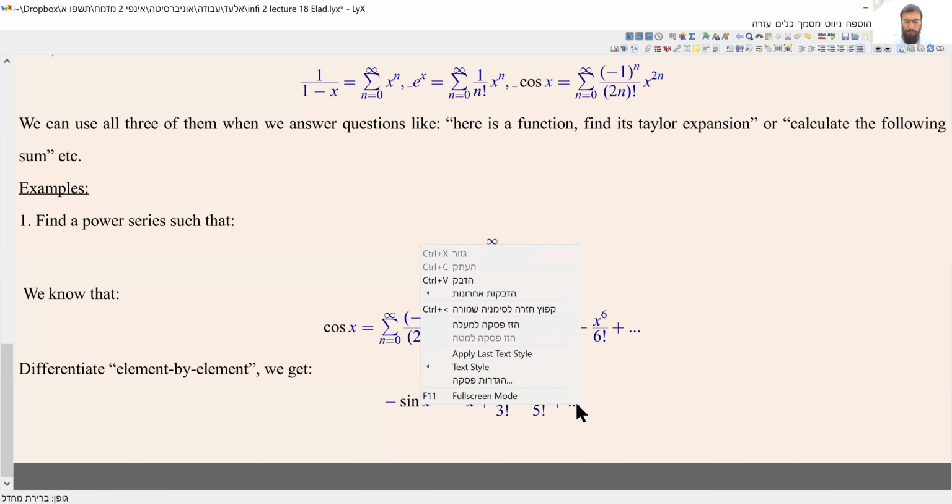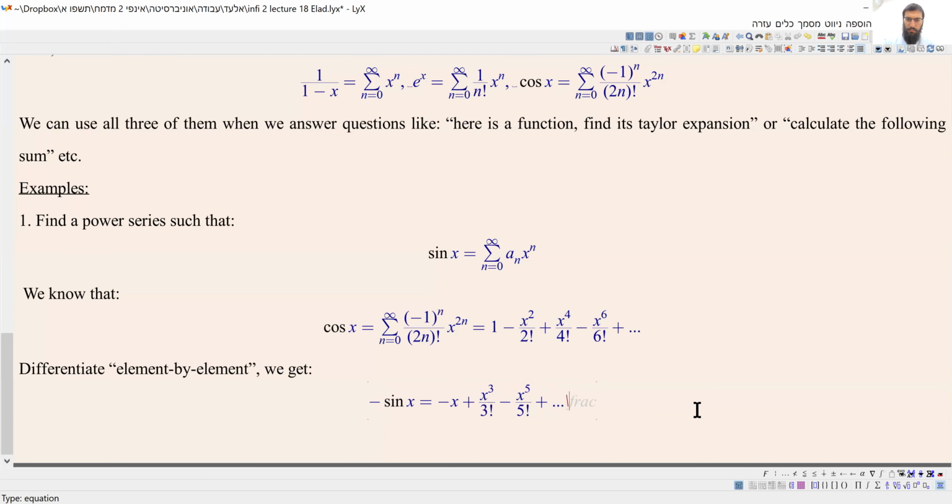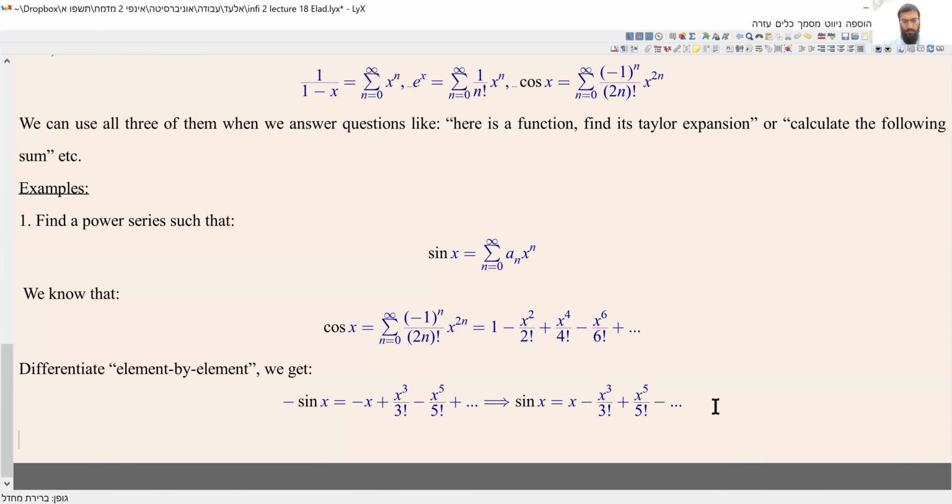And so we get that sinus x is minus plus, other way around, and write it down that way.